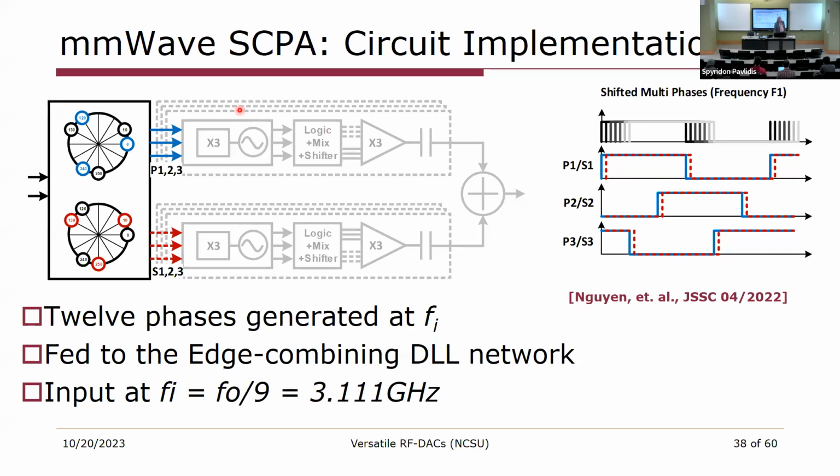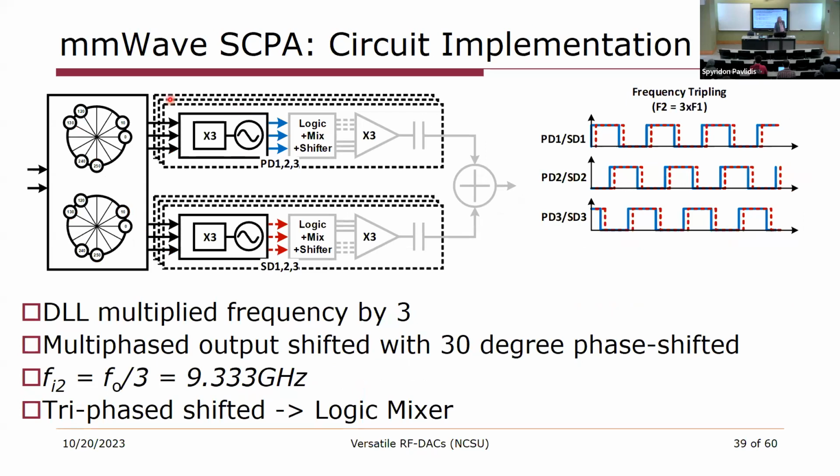So each of the slices here is more or less similar to the slice-based concept that we showed you earlier, albeit we're doing some local frequency generation in every slice as well, in addition to the logic operation and driving operation that I showed you before. So we take 3 gigahertz and we have a local DLL that triples to 9 gigahertz.